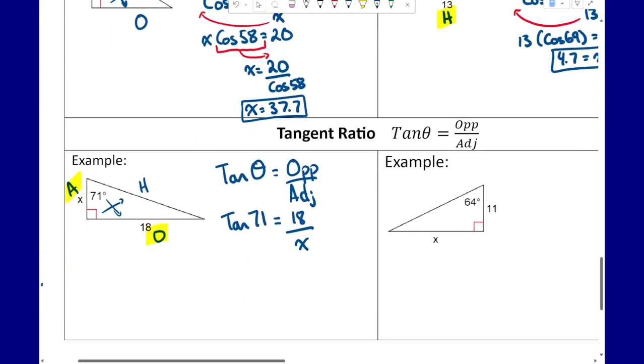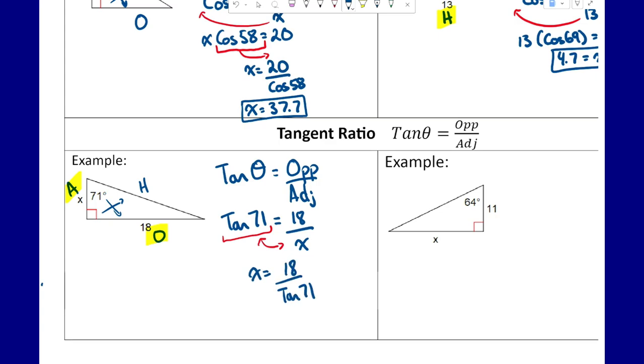Well, I'm going to go quickly and do that. See if you can kind of pick up on what we're doing. So that's the quick way of doing it.